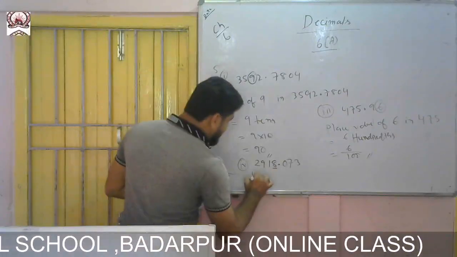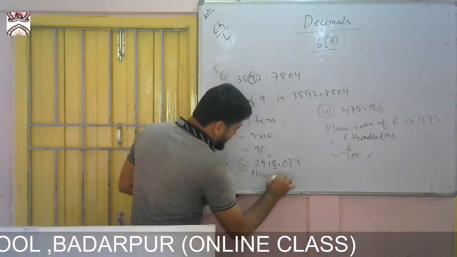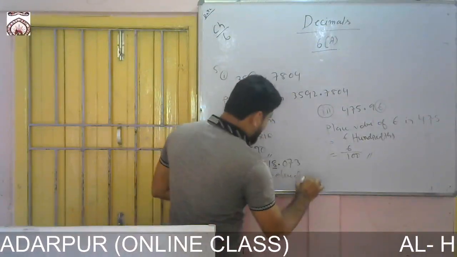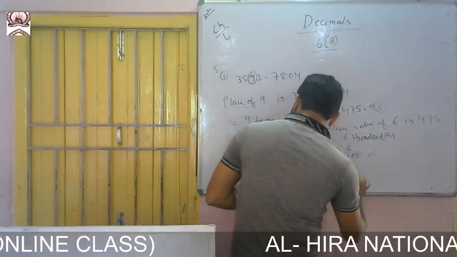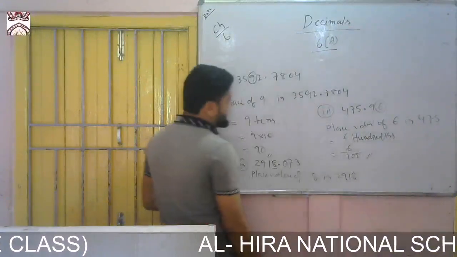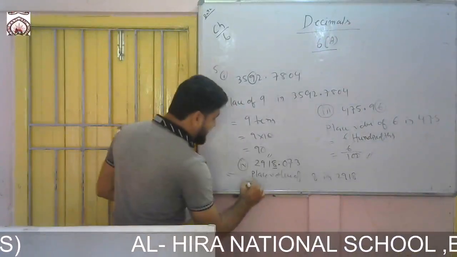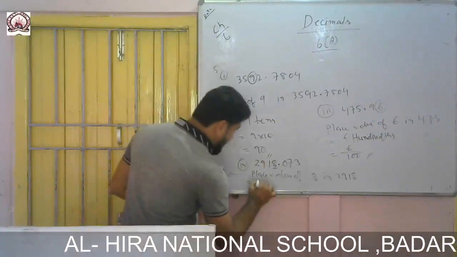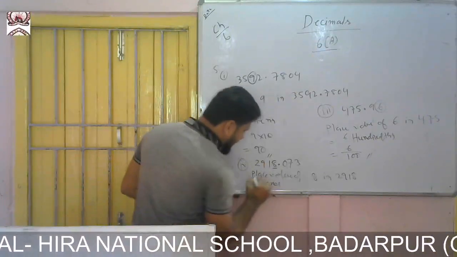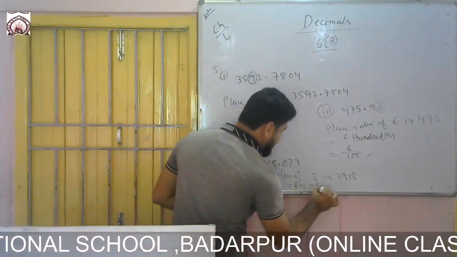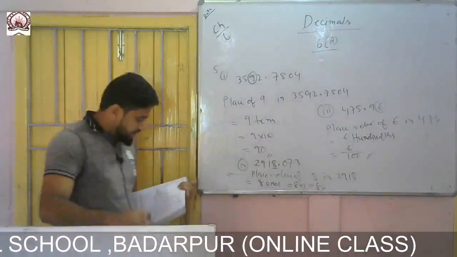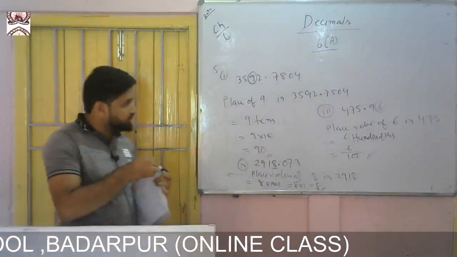So write place value of 8 in 2918. Place value of 8 in 2918 will be what? 8 is in ones place. So write 8 ones. 8 ones means 8 into 1. That is 8. Okay?